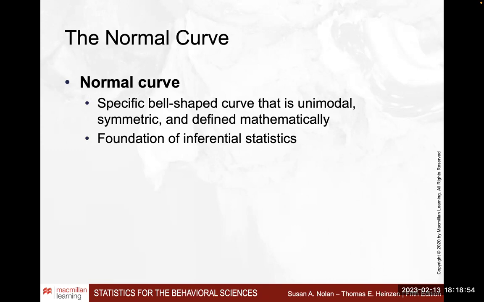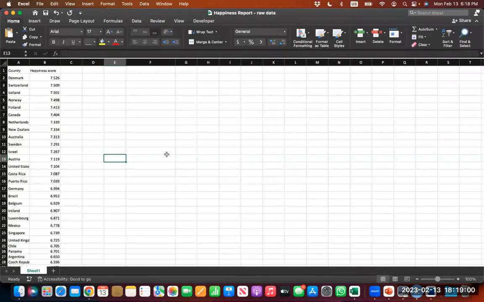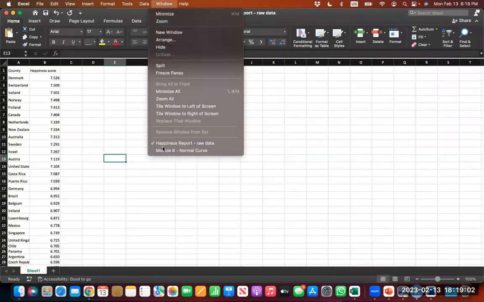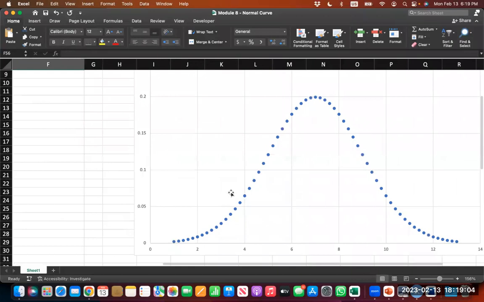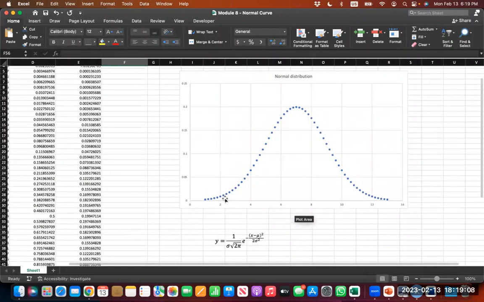And why is this important? Because essentially we do mathematical operations under the assumption that data are normally distributed, following the rules of such a symmetric normal bell-shaped distribution curve. So it also says that the normal distribution curve is defined mathematically.